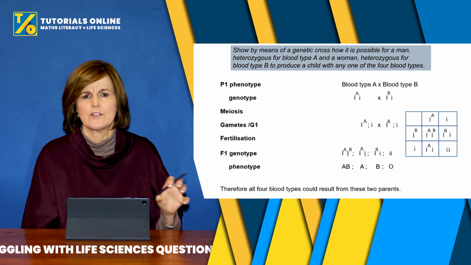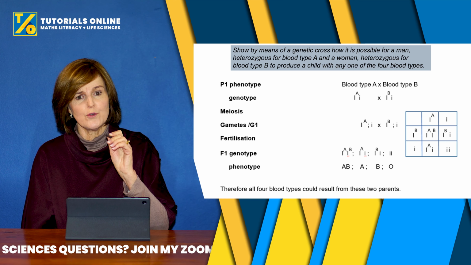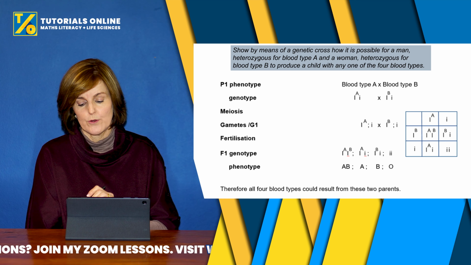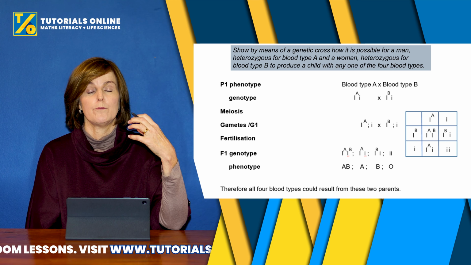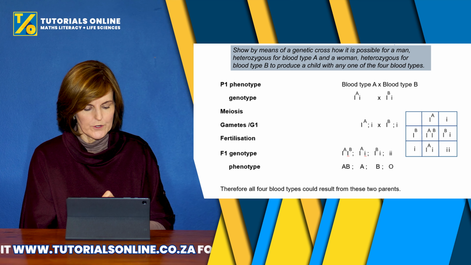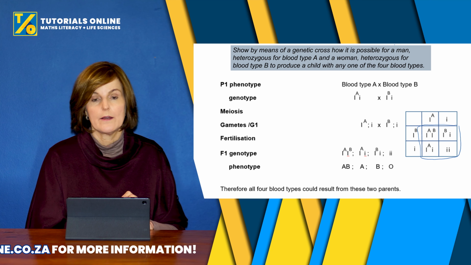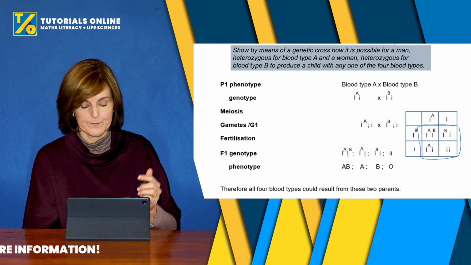It's always a good idea to draw a Punnett square, because if you've got your gametes on the outside and then your 4 blocks where you do your crossing, that will help you to really be accurate and not just guess what the outcome will be. So in this area here, you've got your 4 possible offspring.